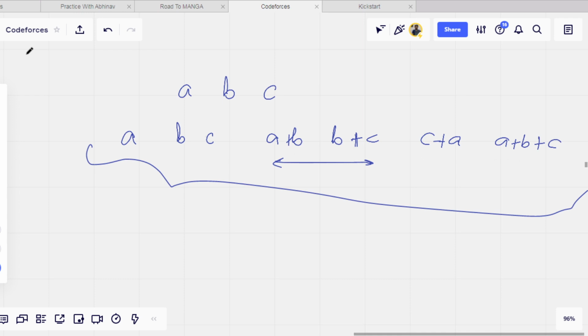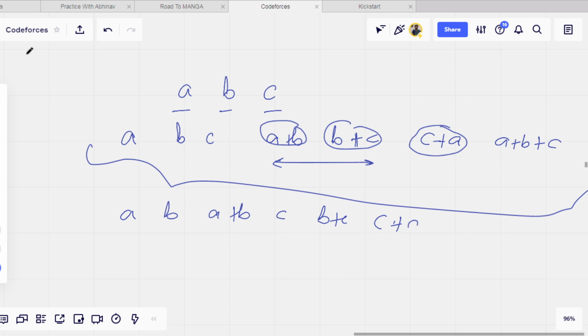Now you have to analyze one thing: maybe any one of these values, meaning a plus b, b plus c, or c plus a, can be less than one of these three values. For example, if I sort it in order, then it can be a, b, then a plus b, then c, then b plus c, then c plus a, then a plus b plus c.